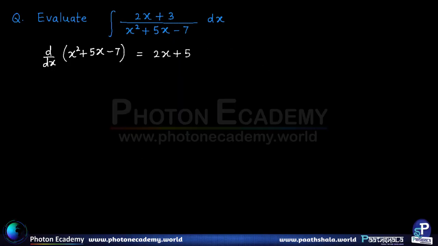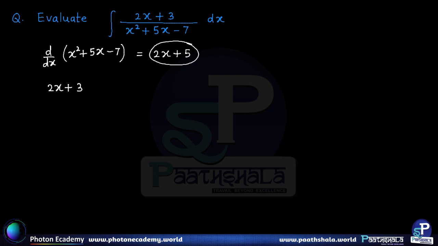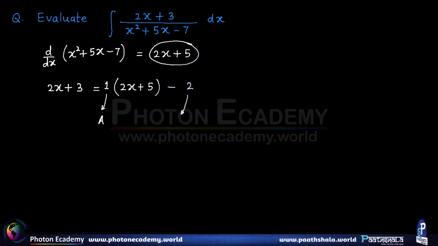Right. Now if we compare this with the numerator, we already have 2x plus 3 in the numerator, whereas the derivative of denominator is 2x plus 5. So therefore the numerator 2x plus 3 we can definitely write as 2x plus 5 minus 2. So here our a is actually equal to 1. We don't need to write anything other than 1, and b is nothing but minus 2, correct?